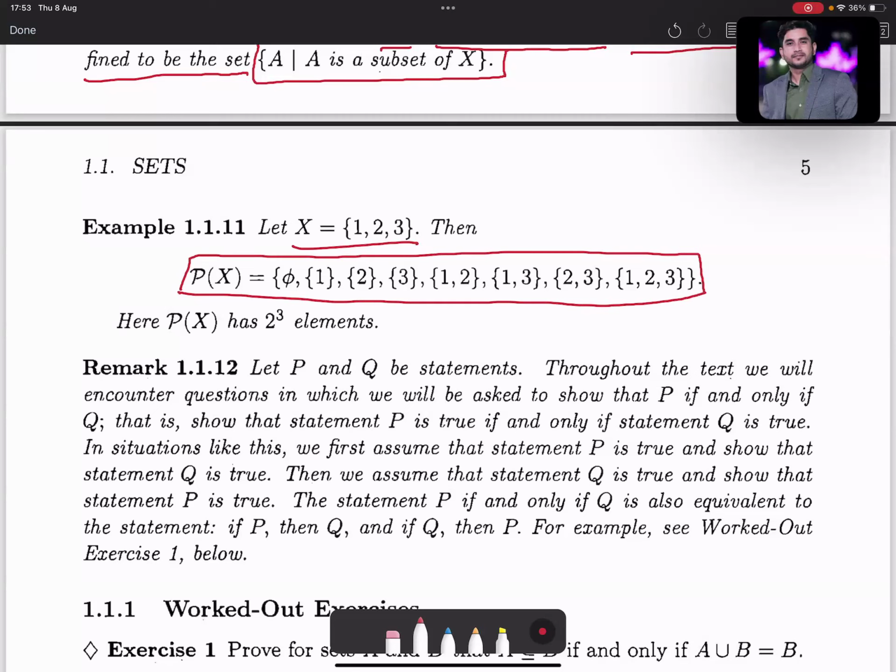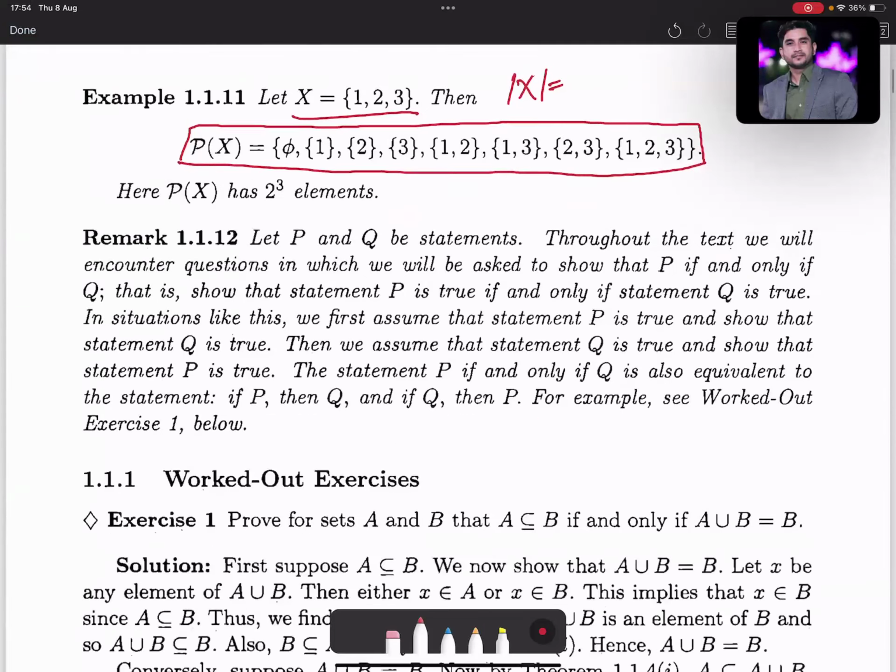If x has 3 elements, so here you can say order of x is 3, then the number of elements inside the power set is 2 power 3. So if order of x is n, then order of P of x is 2 power n. This is the thing we should know.